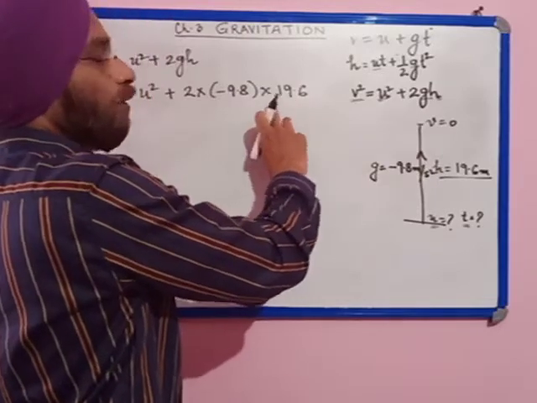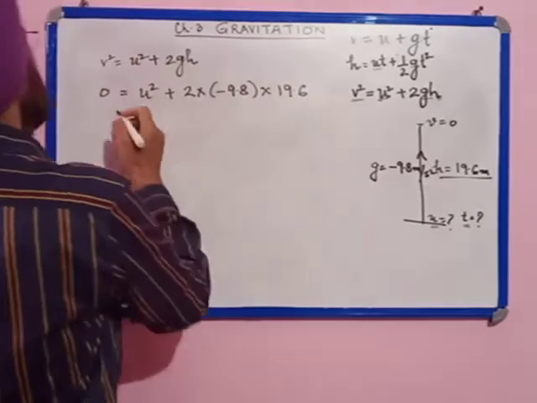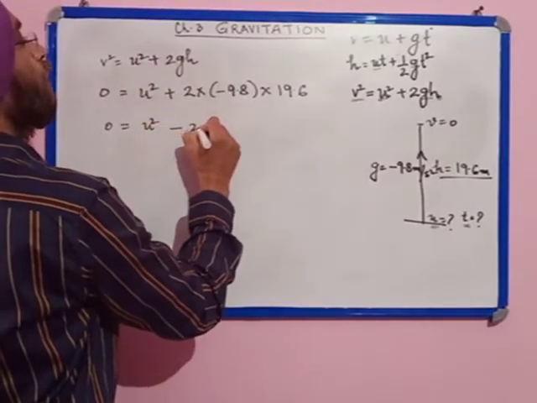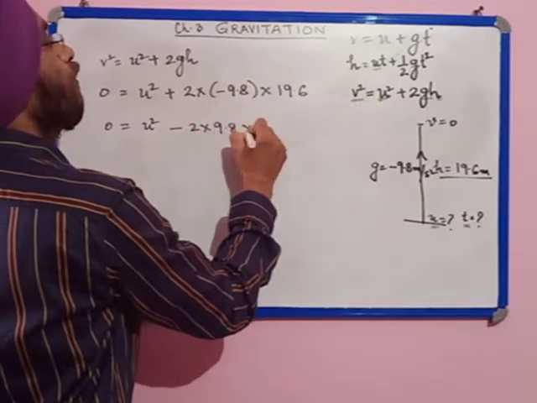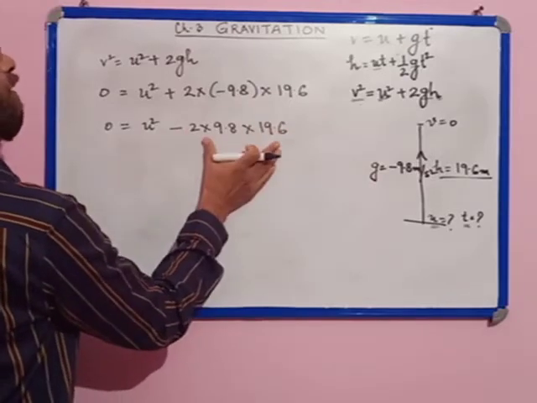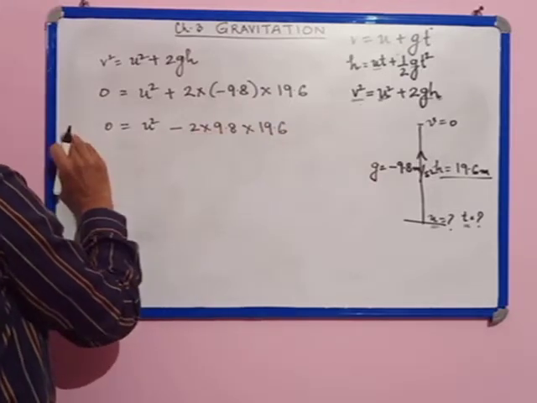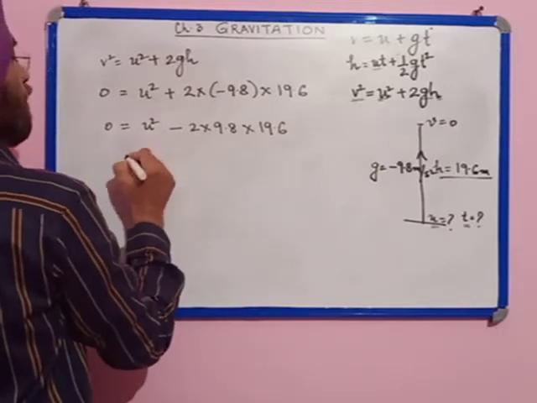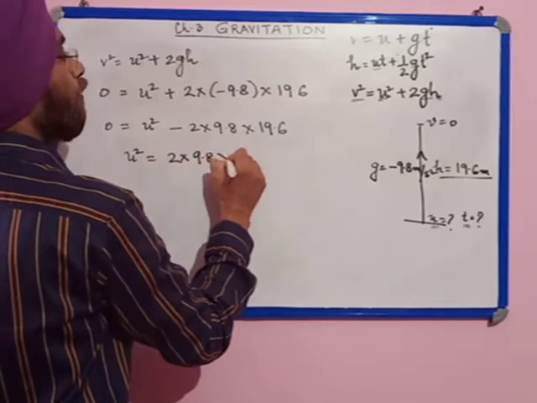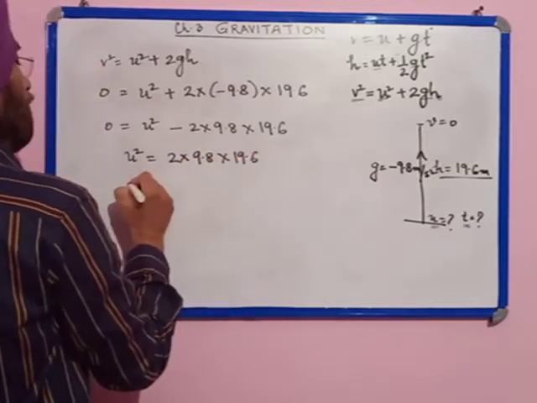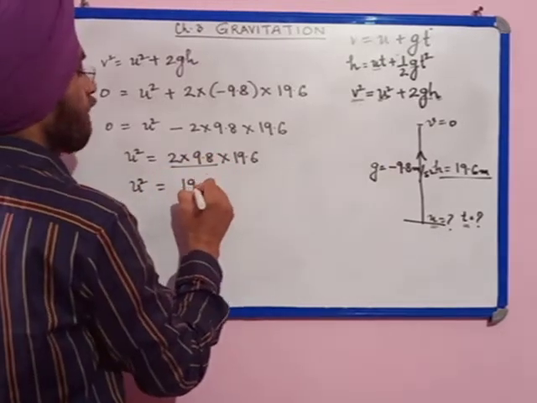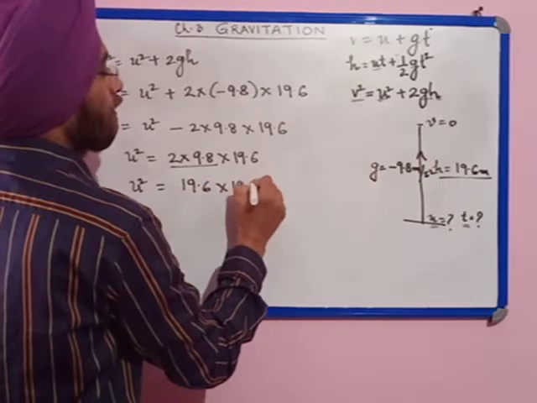So it becomes 0 is equal to u square minus 2 into 9.8 into 19.6. Now this minus term will come to the left side. So u square is equal to 2 into 9.8 into 19.6, or we may also write 2 into 9.8 is 19.6, into 19.6.